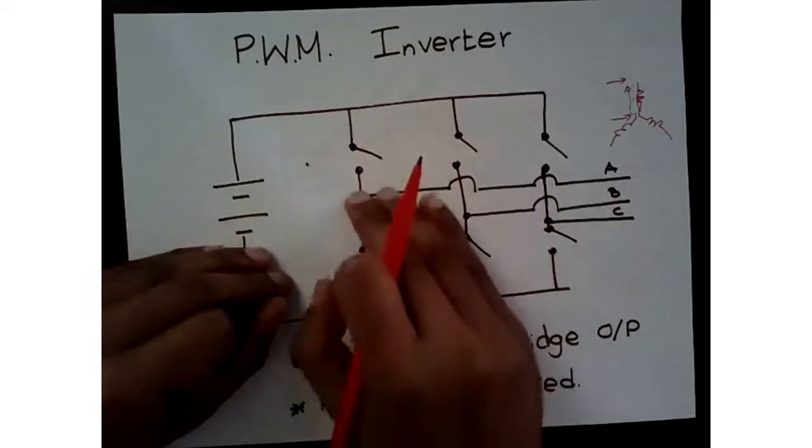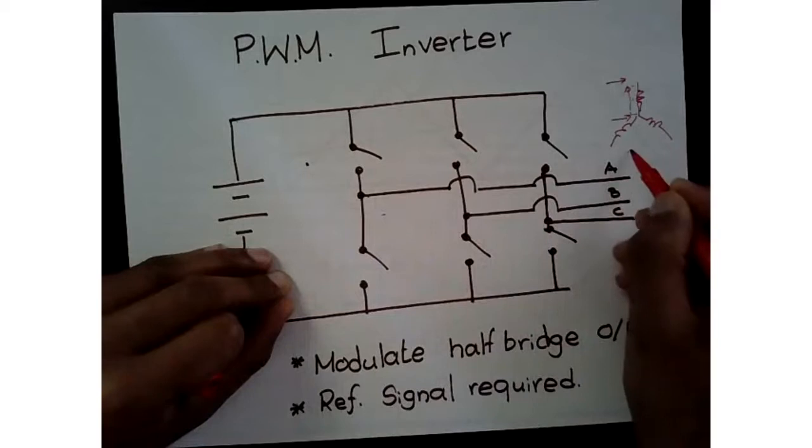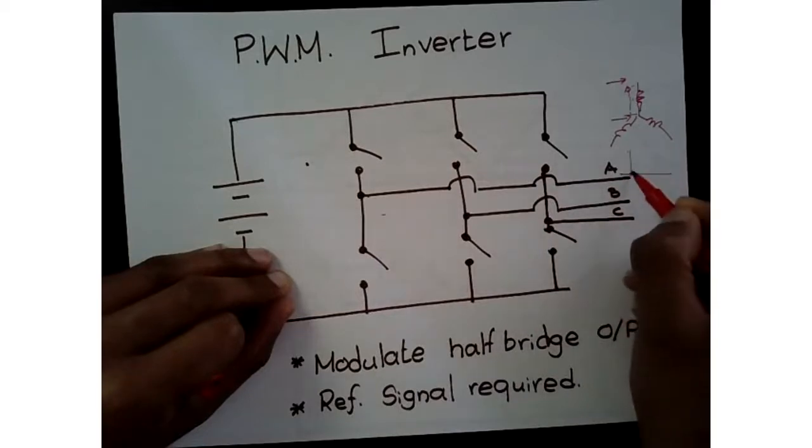When we do that, we'll be able to modulate a sinusoidal voltage onto this, and you'll see that this is a modulated waveform. I have a simulation that I can show you.